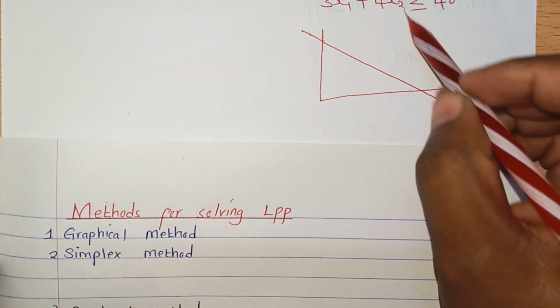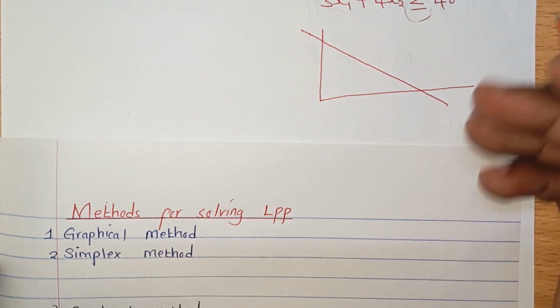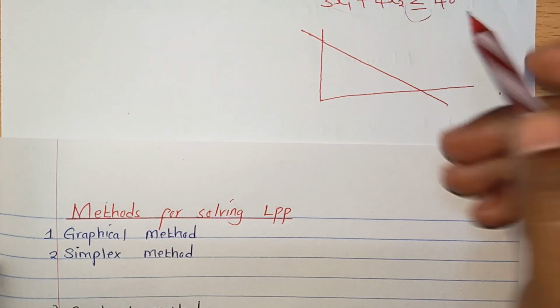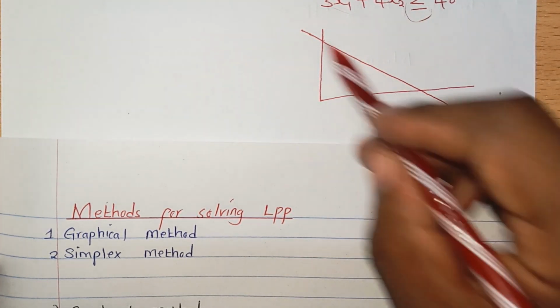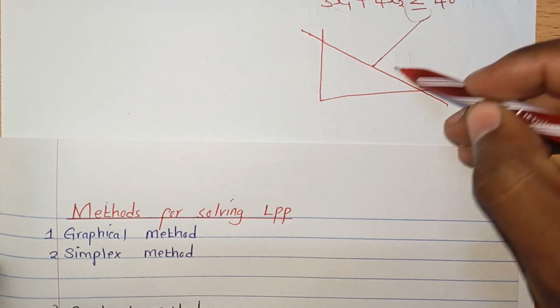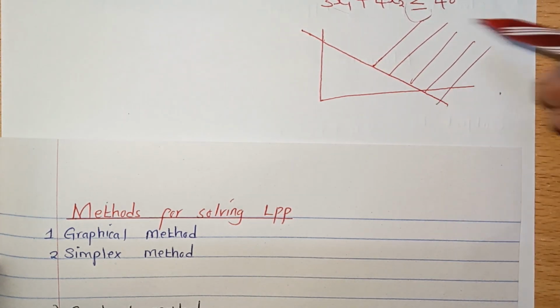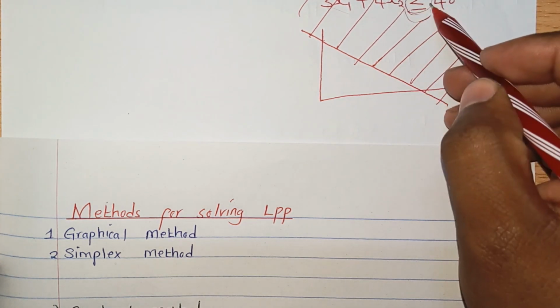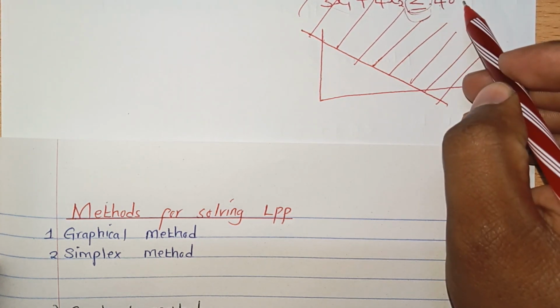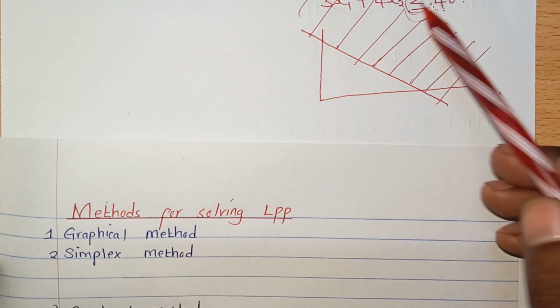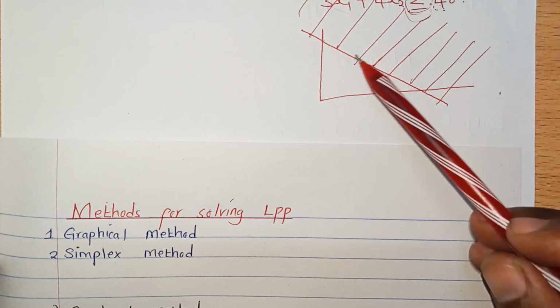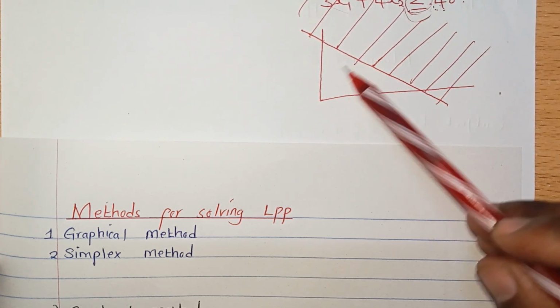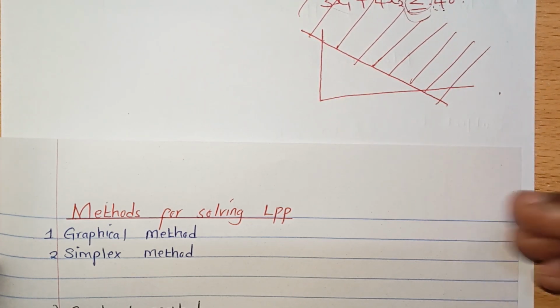Because we are dealing with less than or equal to, any point that is above this line is the unwanted region. We don't want this region because we are dealing with less than or equal to 40. So the points that fall below this 40 are on this other side.